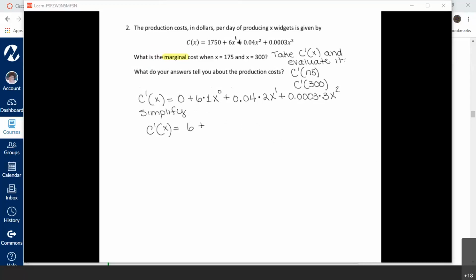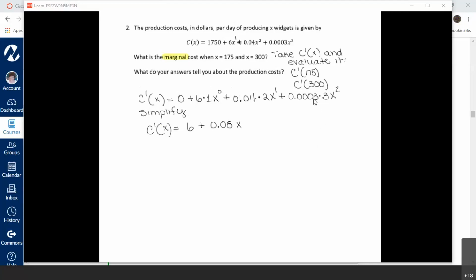Then I can multiply the 2 times the 0.04. And again, feel free to use a calculator to do arithmetic. Don't do it in your head. So 0.04 times 2 is 0.08. X to the first is just x. It's not conventional to write 1 as an exponent.